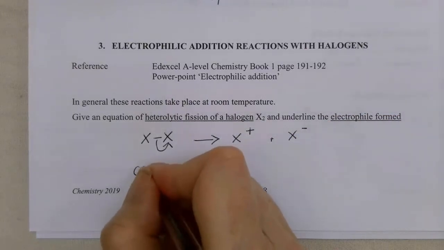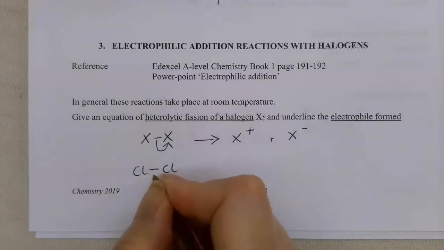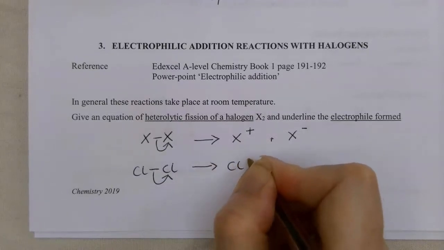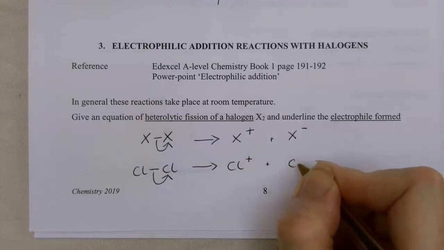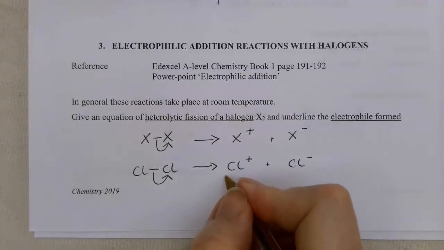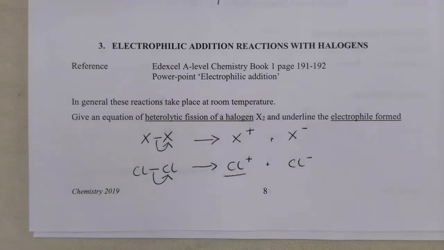For example, if I took chlorine, both of the electrons would go onto one of the chlorines, so I would end up with Cl positive and Cl negative. That's an example of heterolytic, and this is going to be my electrophile. In this case, it's got a positive charge.